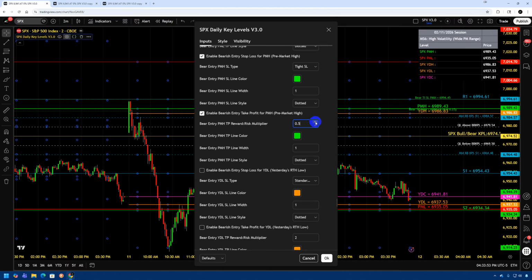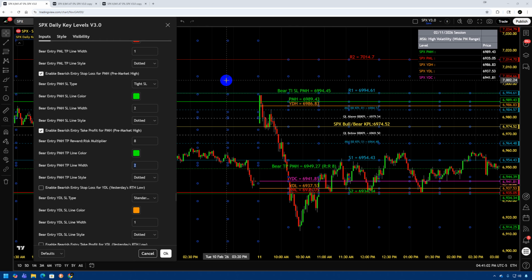These are in 0.25 increments. 0.75 would be 3/4. 1 would be equidistant to the amount of the stop loss. 1.25, 1.5, 1.75, 2, and it goes up in 0.5 increments all the way up to 10. So let's just put it on the max of 10 here.